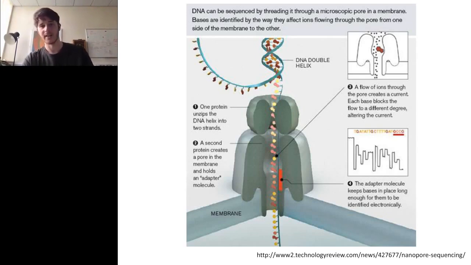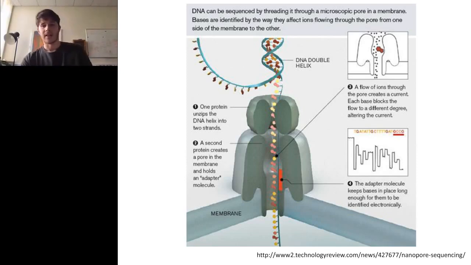And that DNA will travel through the pore, the speed of which is controlled by this protein here, which we call the motor protein, which slows down the DNA enough that it can be read.